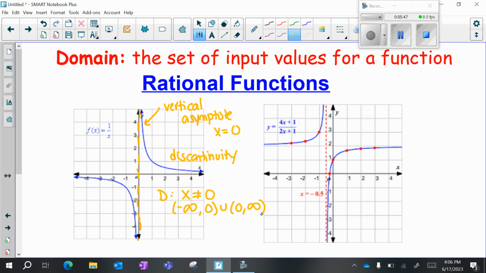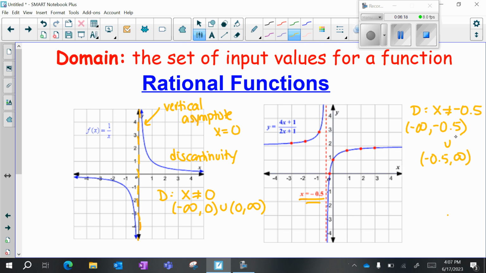To the right, we have another example of a rational function. This time, notice this is my vertical asymptote, x equals negative 0.5. So I have transformations happening here. So my domain here would be x cannot equal negative 0.5, or if I'm writing it in interval notation, negative infinity to negative 0.5 with a parentheses, union negative 0.5 to infinity.